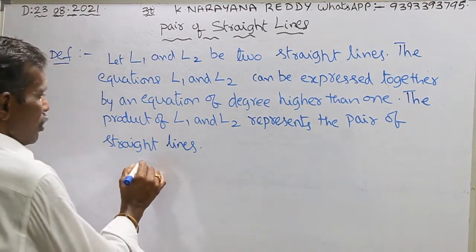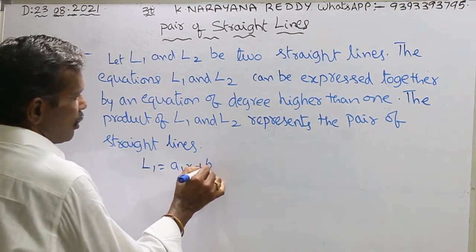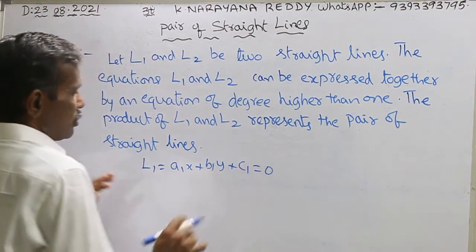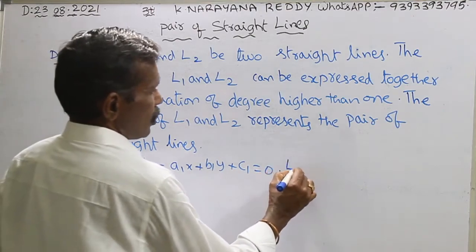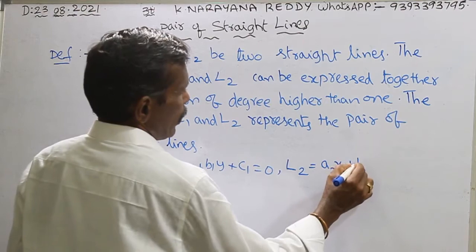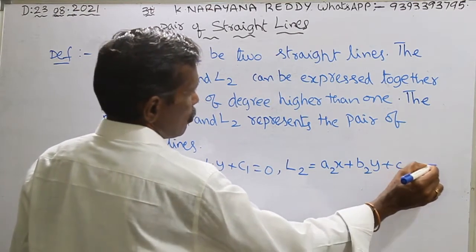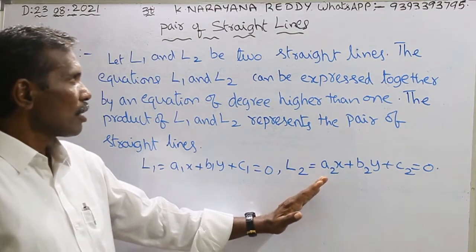For example, L1 equals a1x plus b1y plus c1 equals 0. This is line L1. Take another line L2: a2x plus b2y plus c2 equals 0. These are two straight lines.